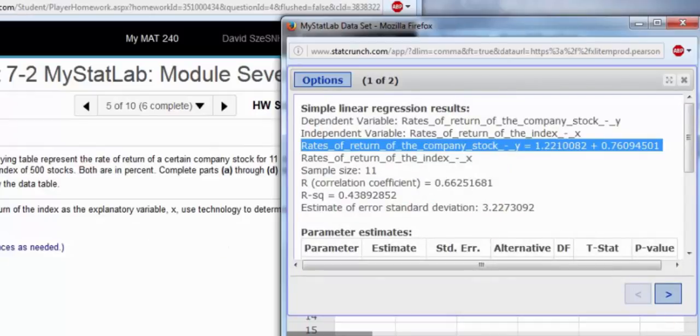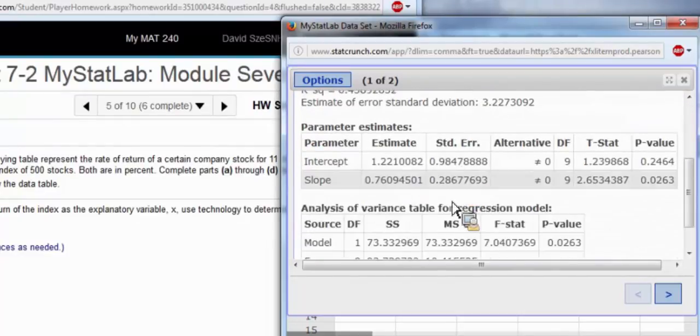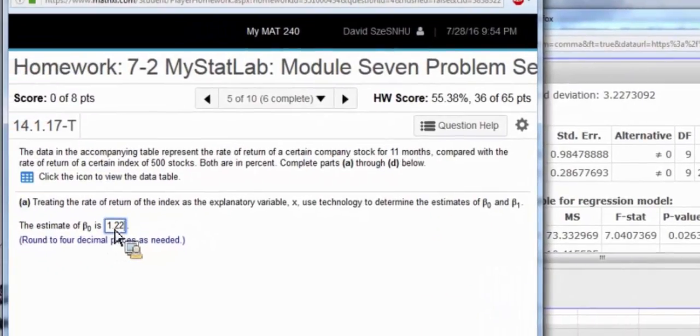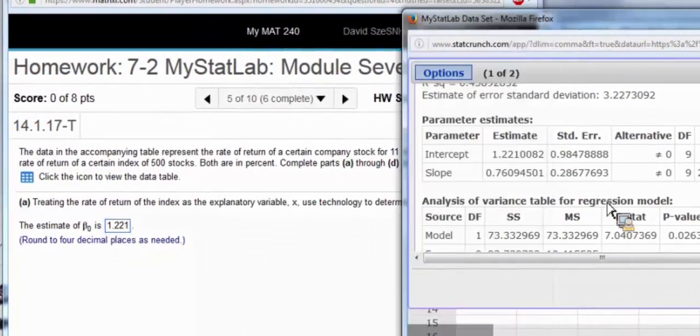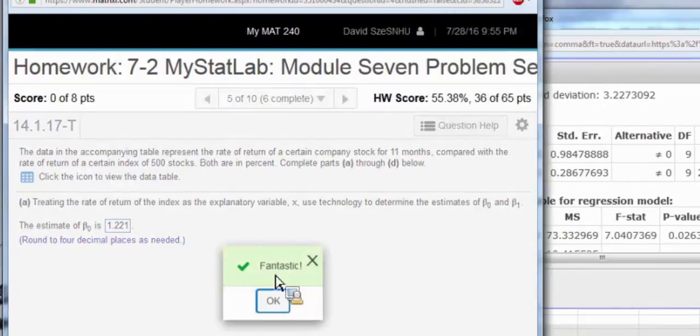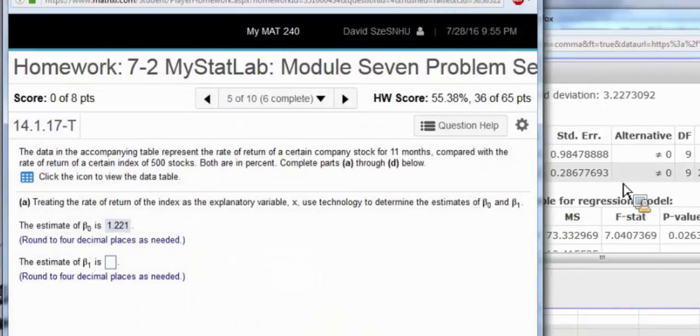Okay, so the estimate of beta 0, which is the intercept, to 4 decimals, 1.2210. Oh, I forgot to show you the homework coverage. You have to remember that. You check answer, estimate of the slope.